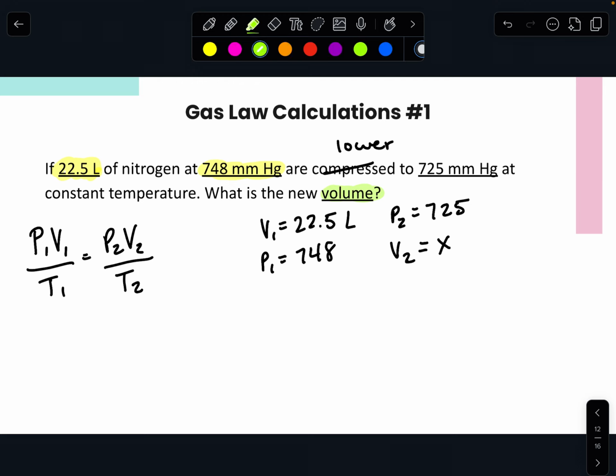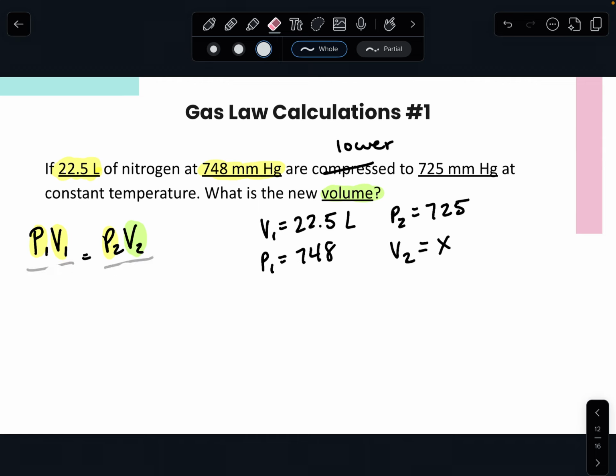So if I come back and look at my formula, I'm given a V1 and a P1. I know the P2, and I'm solving for the V2. But what I don't have any information on is temperature. So what I'm actually going to do is erase this part of the formula.